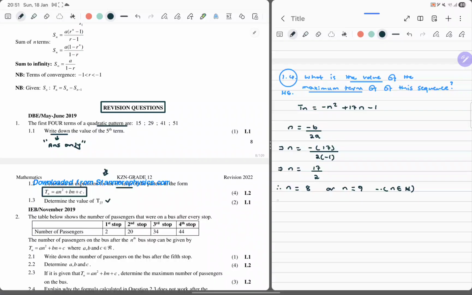We can say, therefore, T8 is minus into 8 squared plus 17 into 8 minus 1. Let's see what is that.